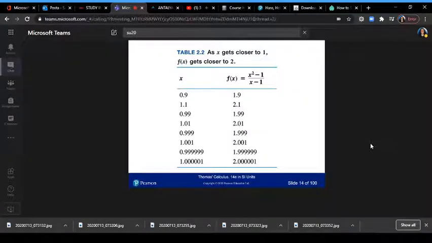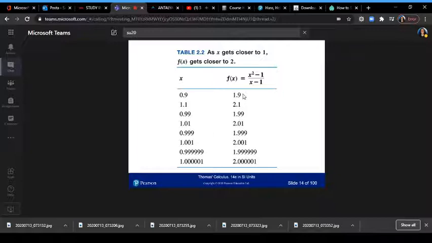So we just choose some numbers close to 1: 0.9, 1.1, 0.99, 1.01. This is less than 1, this is bigger than 1, and so on, but these are getting very close to 1.